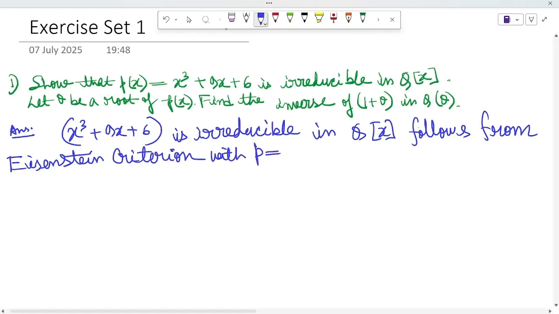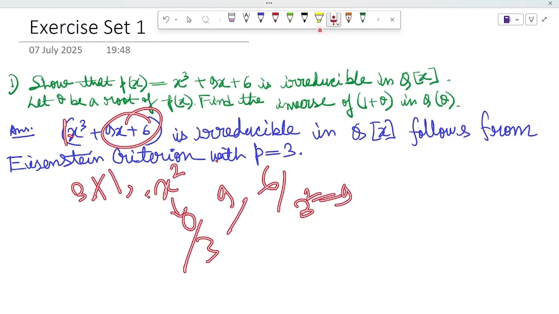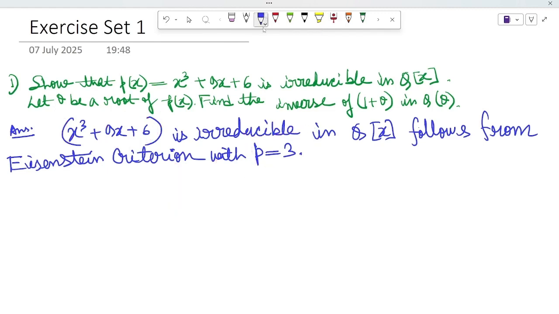With the value of p equal to 3, because see, the coefficient is 1, 3 does not divide 1, and 3 divides all other things. The coefficient of x square is 0, and others are 9 and 6. So 3 divides all the things. And 3 square, which is 9, does not divide 6. So I can take p equal to 3 here. Okay.